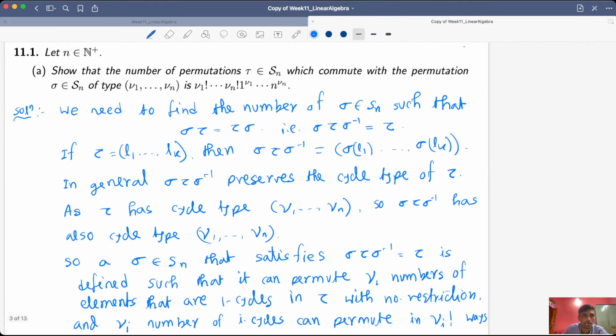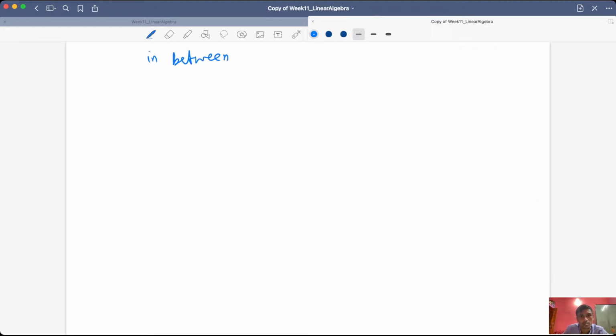In between them, and like with each i cycle is also permute in itself in many ways.